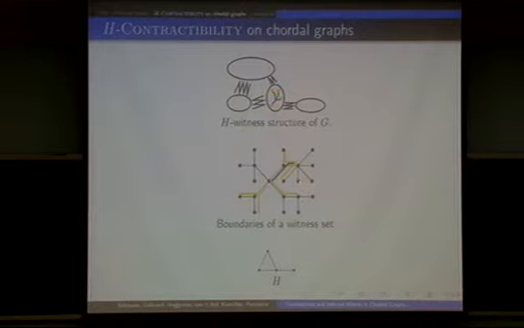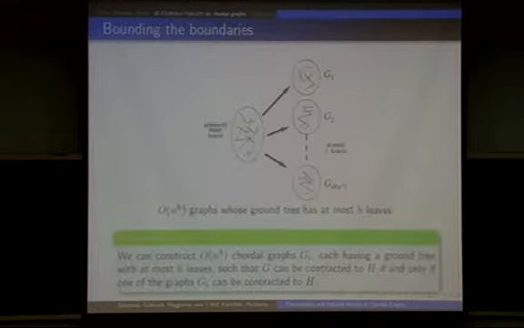In the worst case, the number of leaves of your ground tree can be arbitrarily large compared to the size of H. And since we would like to guess just the boundaries, we cannot afford to guess big-O of n things. So we need to bound the number of leaves of the ground tree. Fortunately, we can bound the number of leaves of the ground tree, kind of.